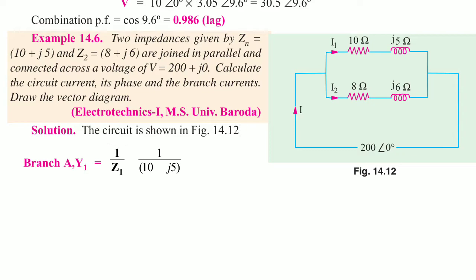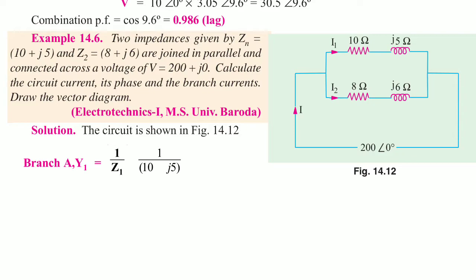Z1 is equal to 10 plus J5 and Z2 is equal to 8 plus J6. Here 10 is the resistance, J5 is the XL value, and 8 is the resistance and J6 is the XL value.